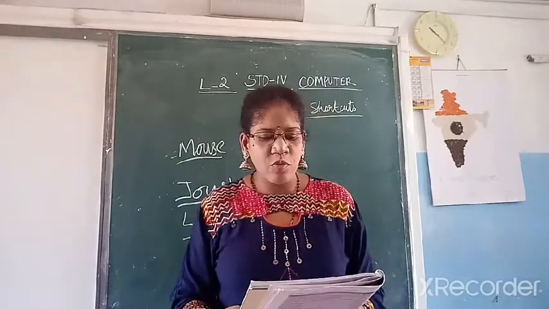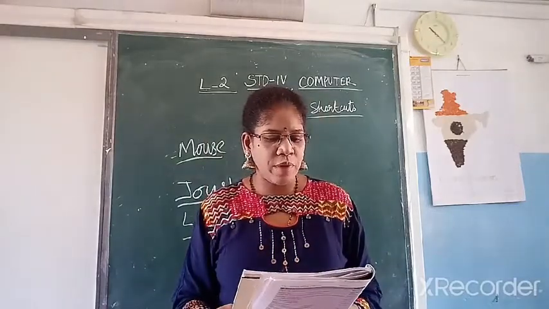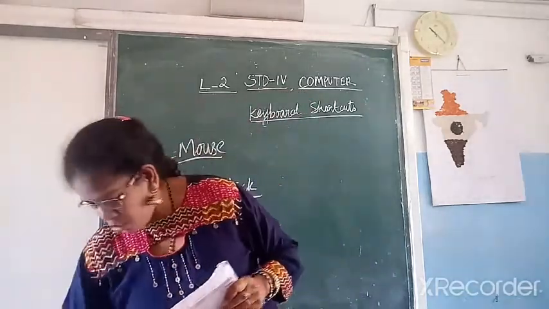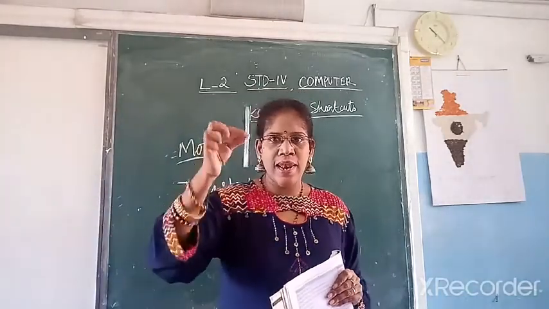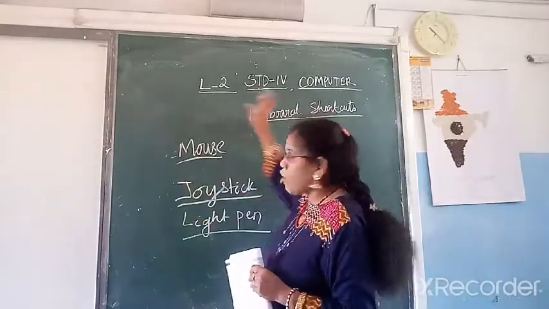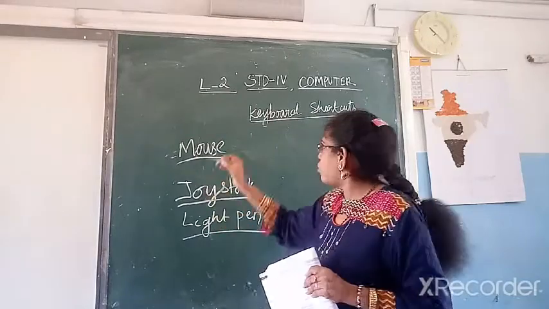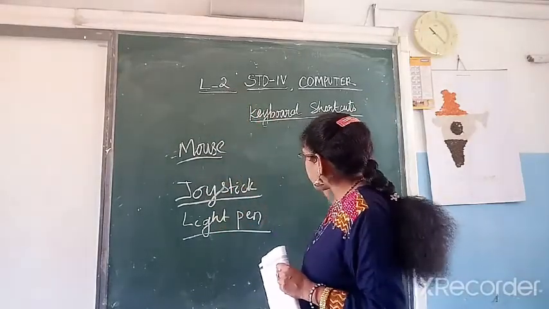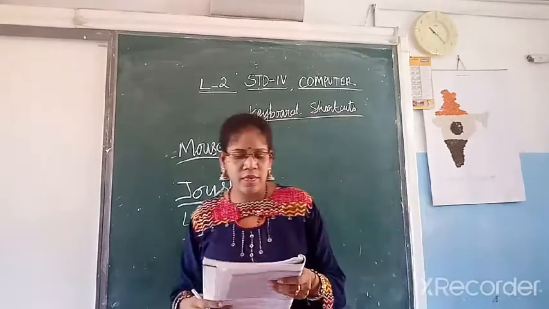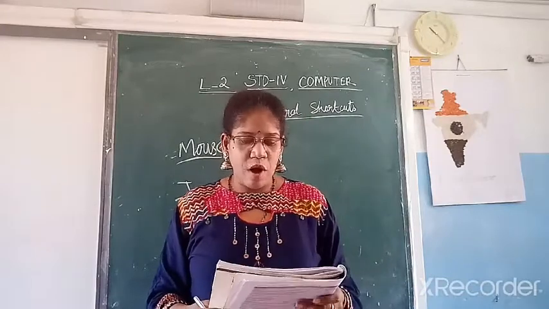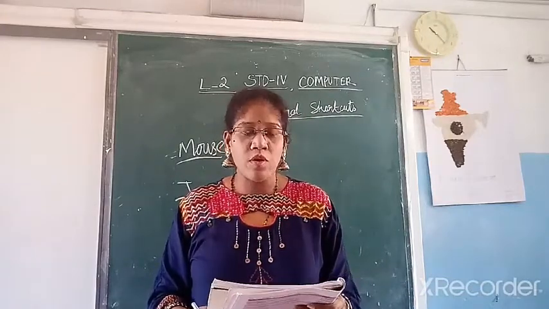The pen can also be used directly on the screen to make drawings or graphics. Suppose this is a light pen and this is your monitor. Directly you can go and click here, or do some graphics. It can be used in place of a mouse, but it is much more costly.